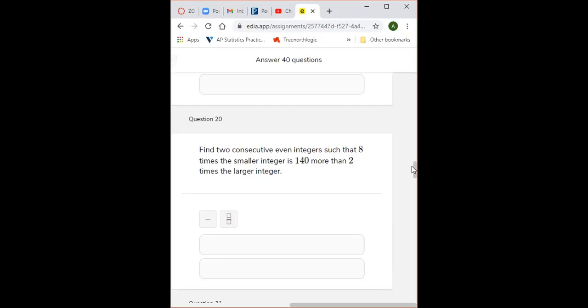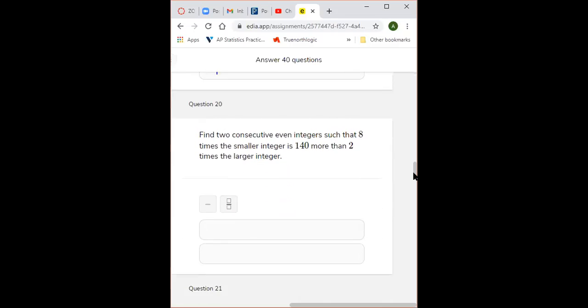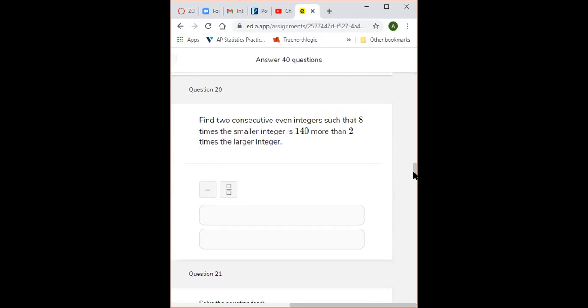So remember I did x plus 2, which would be 24 plus 2 or 26. So in here you'll type 24, not there, 24 and 26. Okay, type both numbers. All right, so that one's exactly the same.